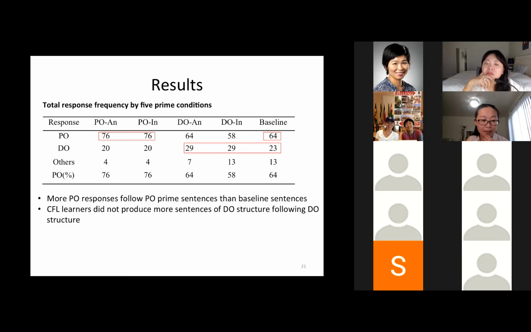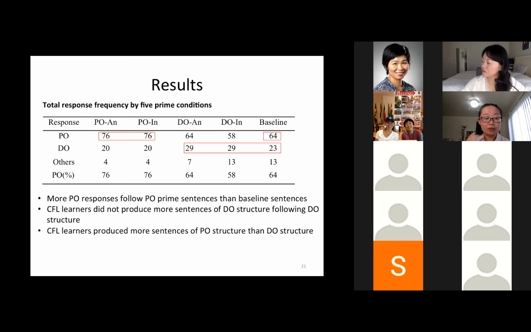Here these are the prime sentences, and this is the DO response. Learners also produced more sentences of PO structure than DO structure. So this is the percentage of PO structure.